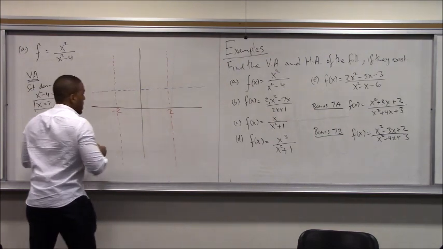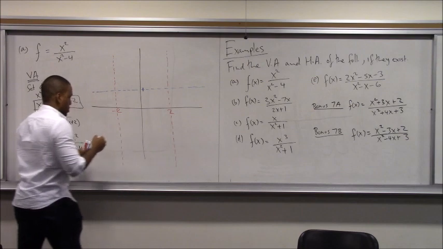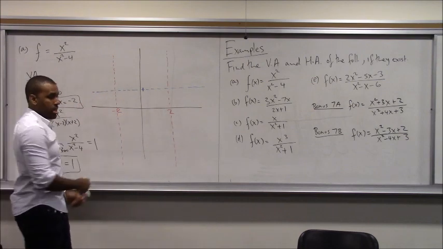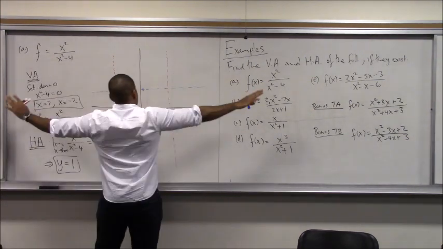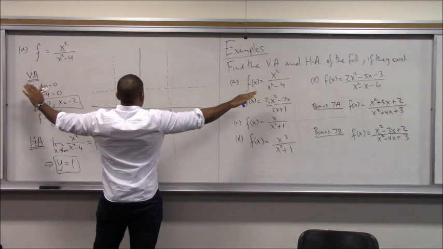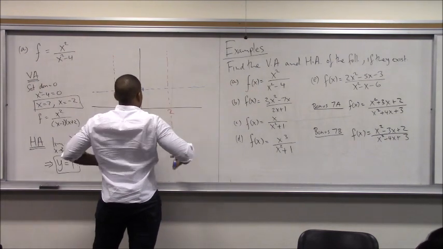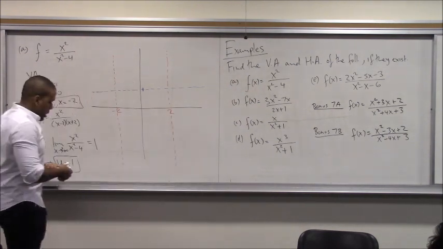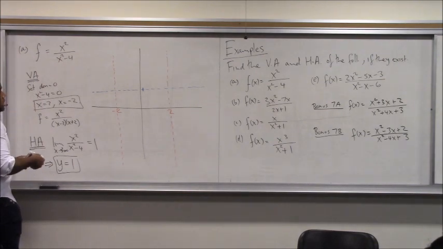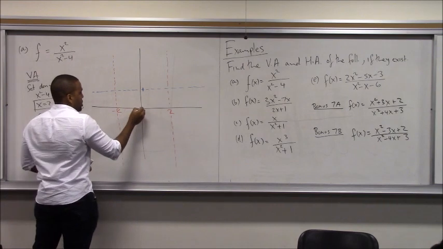So there'll be a skeleton for the graph, these guidelines. As x goes off to infinity, your graph should be settling at 1. It will not touch these. We can also know from the intercepts that this actually passes through 0.